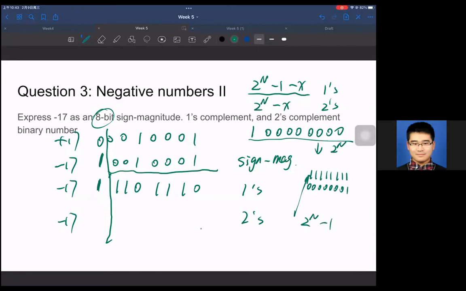If you use all ones and subtract a number, of course what you get is flipping the bits. But let me finish the first one before I go on, so I don't confuse you.